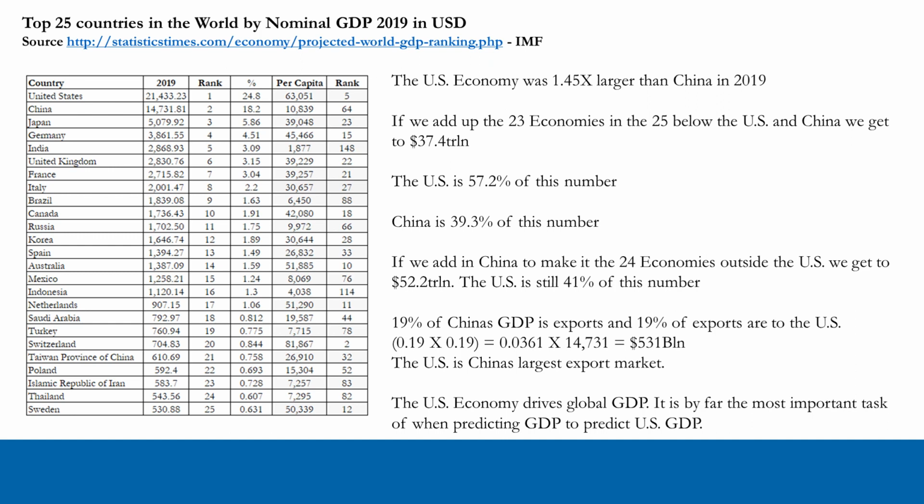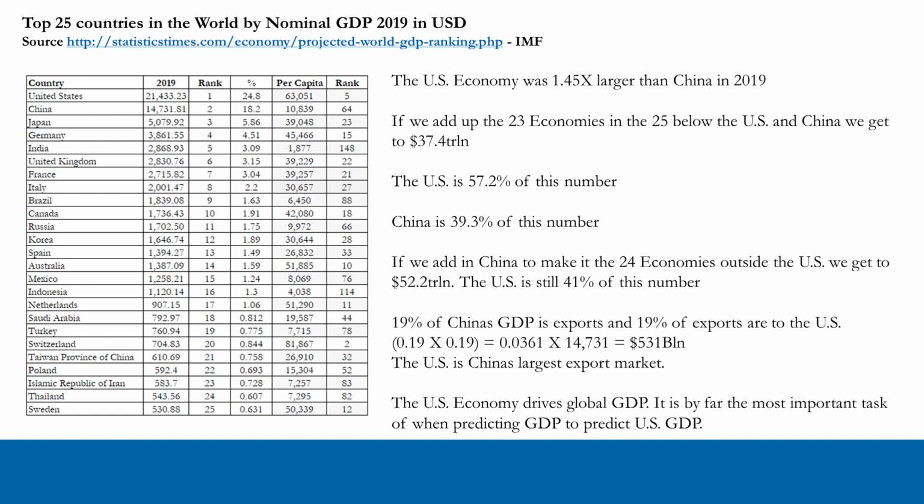This gives you an idea of how the global economy actually works here. The US economy drives global GDP. It absolutely drives global GDP. It's by far the most important task as traders when we're predicting GDP is to predict US GDP.